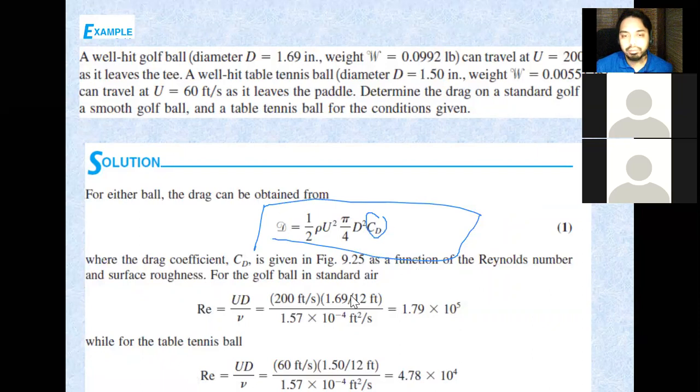So for the golf ball you have 1.79 times 10 to the power of 5. Well, that's actually close to transition, but still in the laminar regime. For the table tennis ball, you have 4.78 times 10 to the power of 4.